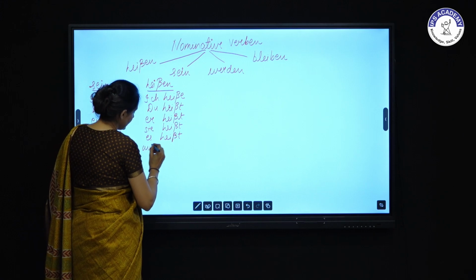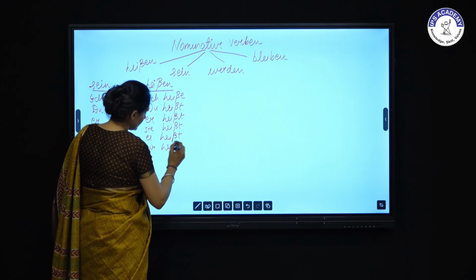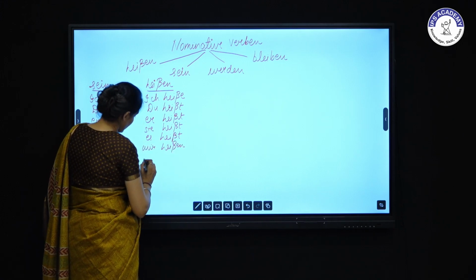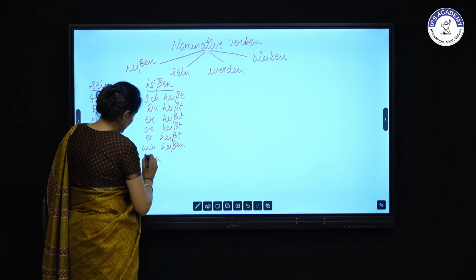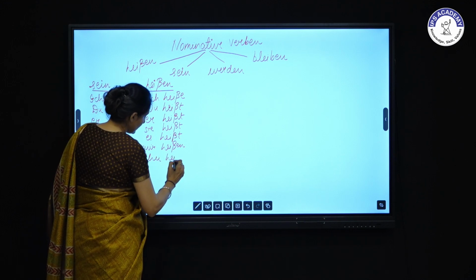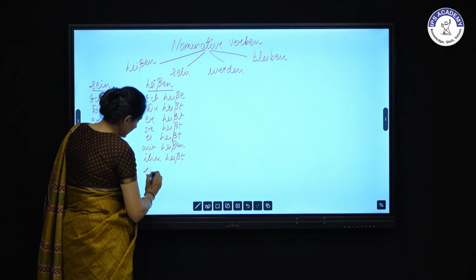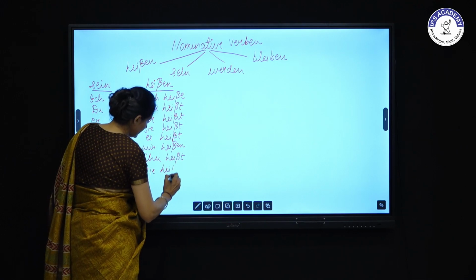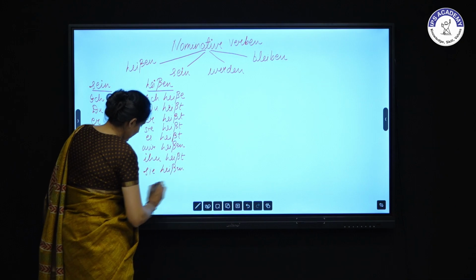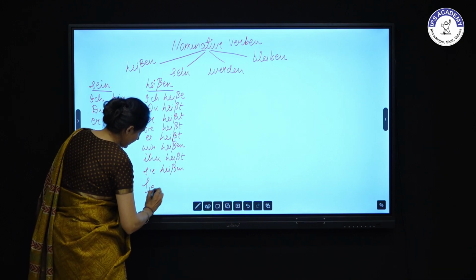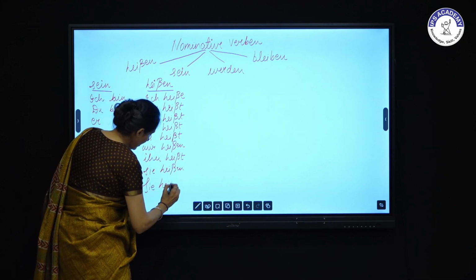Wir heißen, ihr heißt, sie heißen, and Sie with the capital is again heißen.